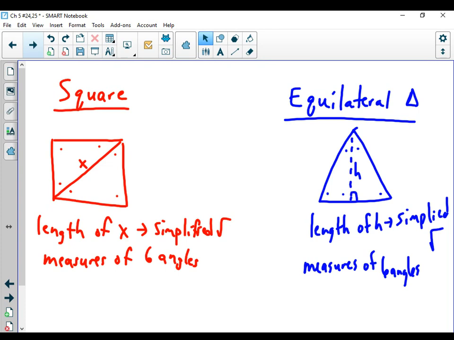Again, the number I gave you is the side length. It's not the x or the h, it's the side length. So you've got to come up with a strategy for figuring out that missing side, make sure it's simplified, and measure or mark the angles as well.